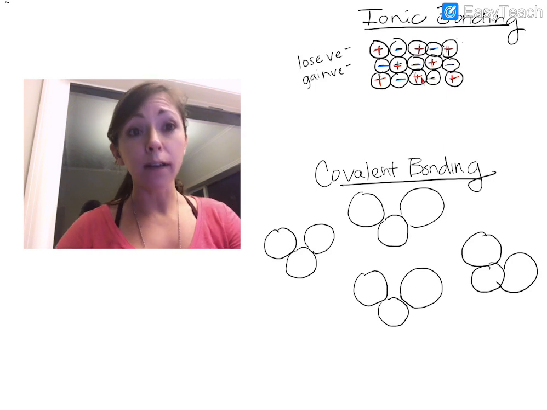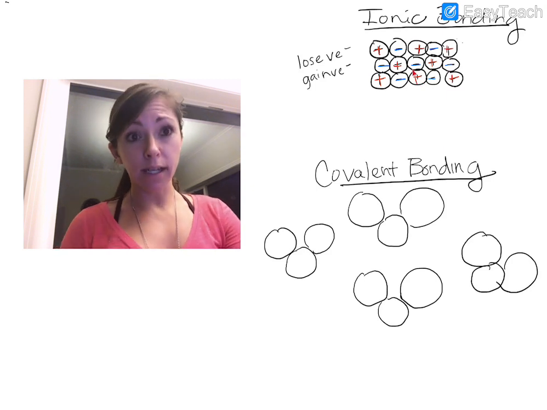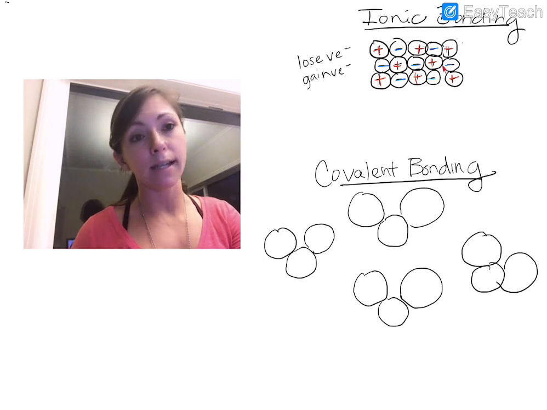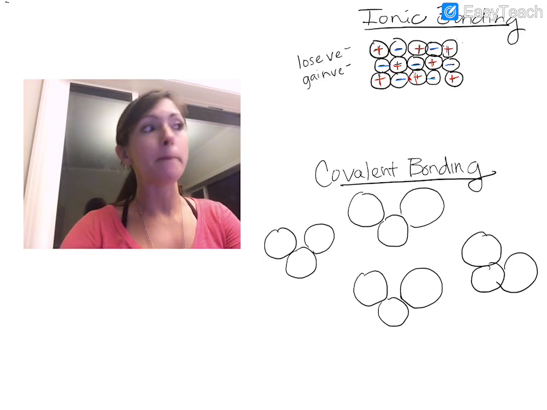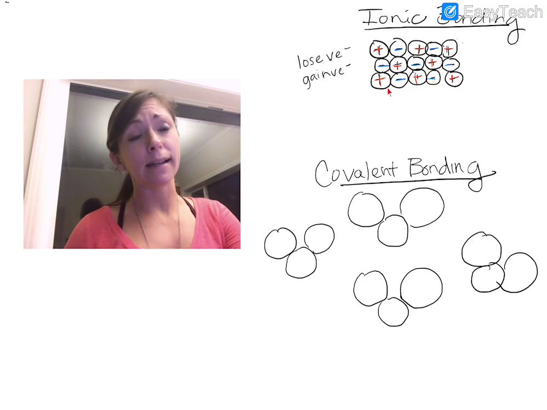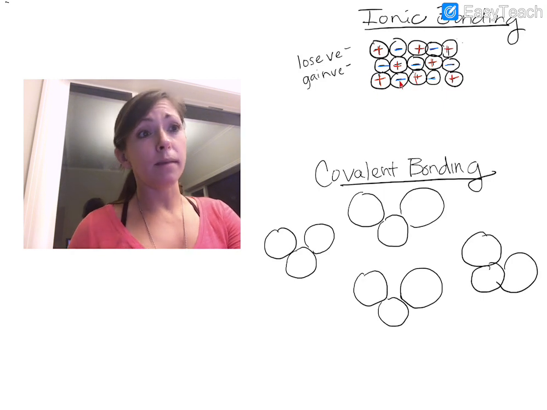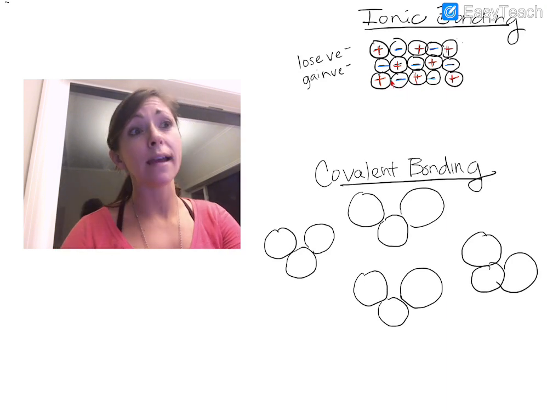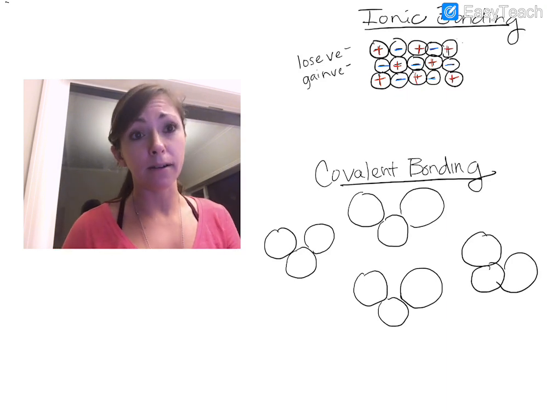So a lot of solids are held together by ionic bonding. So when we think about different types of alloys and different salts, even some powders or crystals, they are held together by ionic bonding, okay?